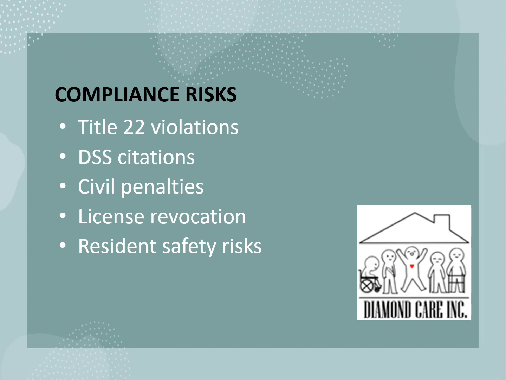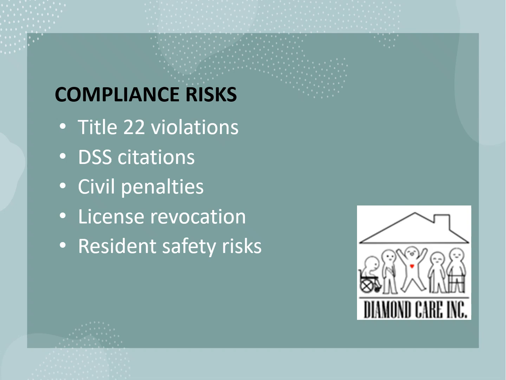Compliance risk. So if we don't follow our new plan of operation, if we don't follow admission and policy procedures, and most of all, if we don't follow Title 22 for RCFE in California, which our plan of operations is based upon, there will be compliance issues, violations of Title 22. So DSS will give us citations.